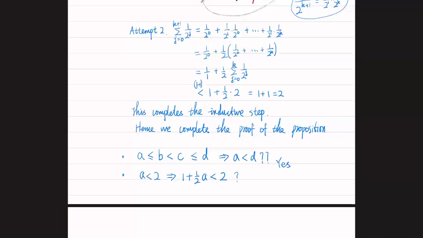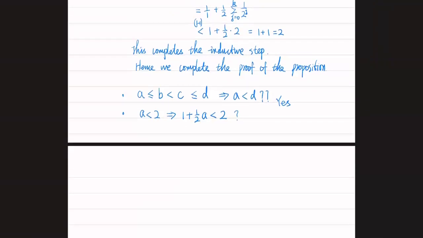Could be. There are equal chances that it could be and it couldn't, because this is less than 2. What if it's, say, 1.5? Then 1 plus 1.5 would be greater than 2. But if it were 0.5, then that'd be 1.5. So there's equal chances, basically. Whatever number you give me, as long as it's less than 2, then 1/2 of it will be less than 1, right? Oh, wait, there's 1/2. Never mind.